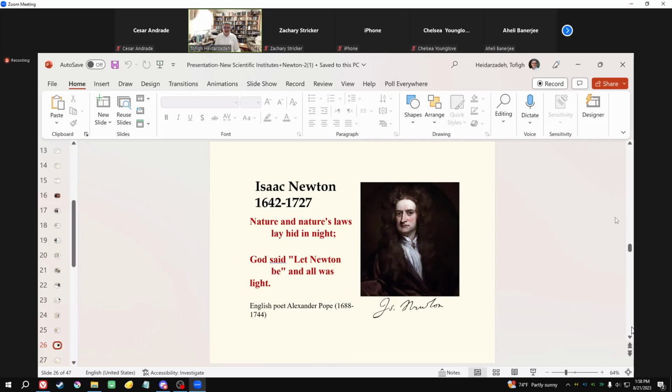Because he discovered the most fundamental laws in nature. And since he was a very, very dedicated believer, as I repeat many, many times, he wrote about theology more than physics.